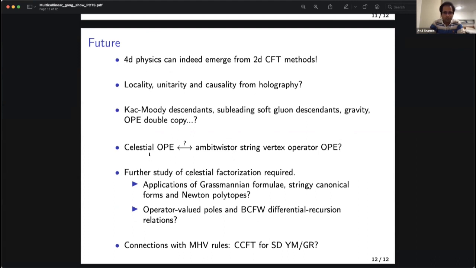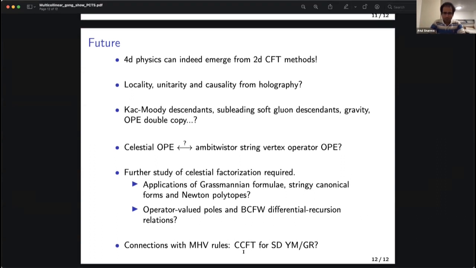There's some work with Tim Adamo and Eduardo Casali that is on a shelf to relate celestial OPEs and ambitwistor string vertex operator OPEs. And we just started some work with Anders Schreiber and Matteo Parisi on Grassmannian things, because these factorization structures, the kind of hypergeometric functions that occur, naturally have Newton polytopes and stuff associated to them. So there might be some insight there to gain.